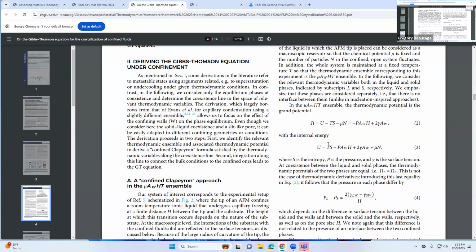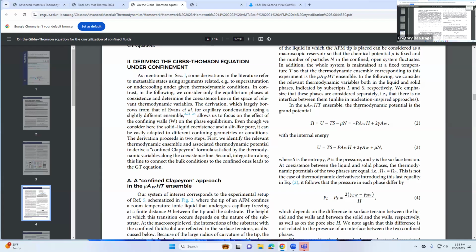This term is the PV part of this. So yes, TS minus PV. Anyway, I think you substitute this PV term, or this is just another way to write the free energy in the construct of a system. H is the height, the gap. So he uses H, and he doesn't talk about enthalpy in here at all.